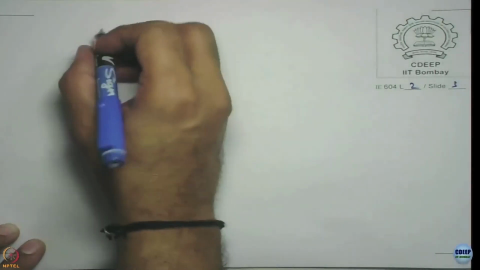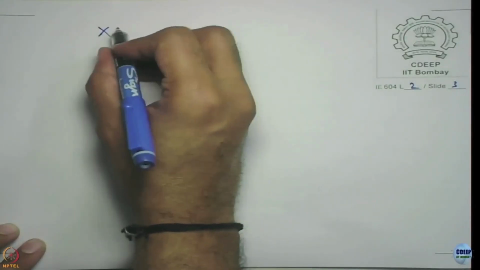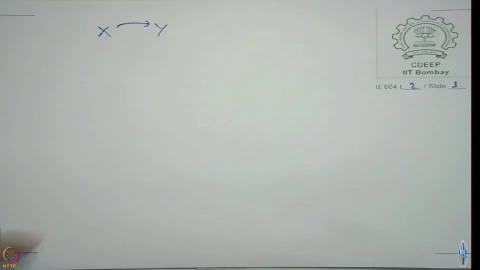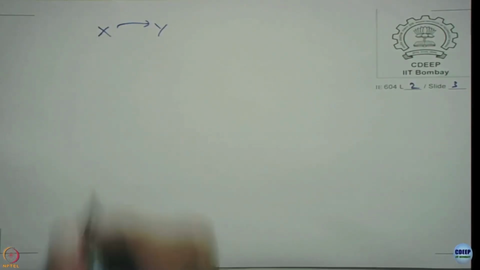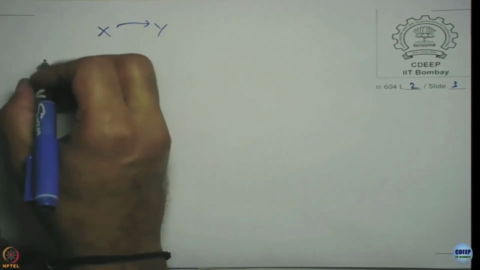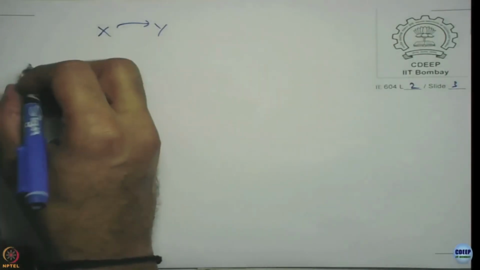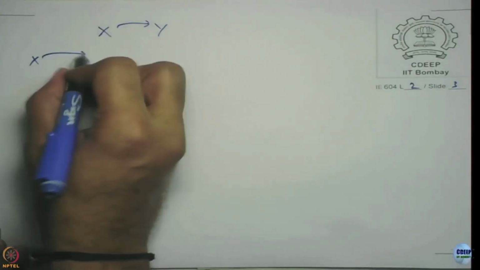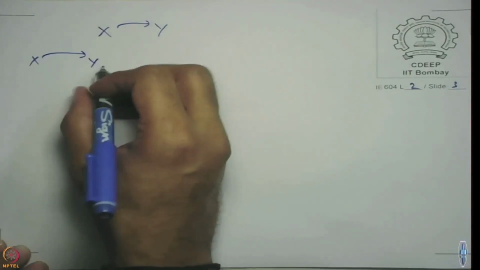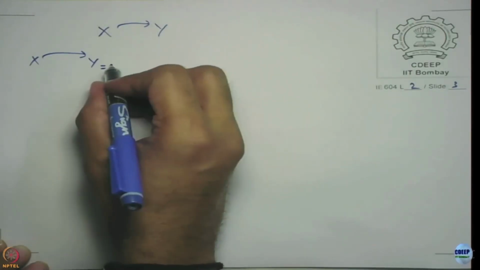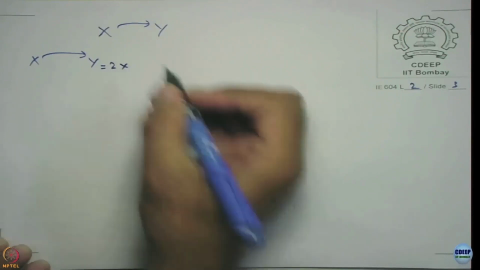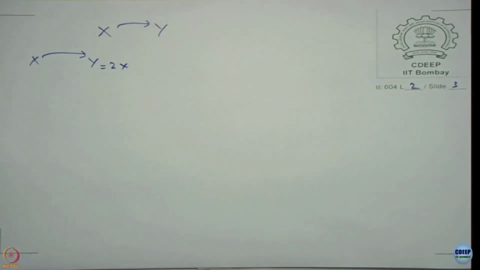Examples ought to work. Suppose we have two variables, just say x affecting y, and we can have various kinds of relationships. Just to put a numerical sense of things, because we are used to that. Suppose we take the first case where x affects y, and the relation is y equal to 2 times x. Very simple example.